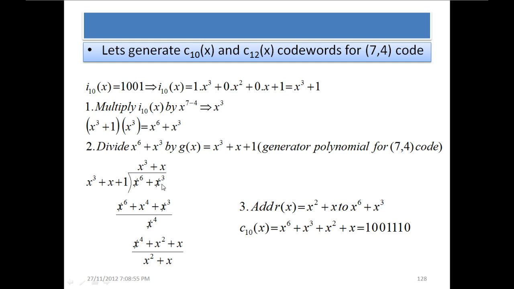Since x raised to power 3 and x raised to power 6 cancel, the answer is x raised to power 4. Again we divide by x, because x multiplied by x raised to power 3 is x raised to power 4. Then x into x is x squared, and x into 1 is x. So this x^4 is cancelled by the x^4 above, and x squared plus x is the remainder.